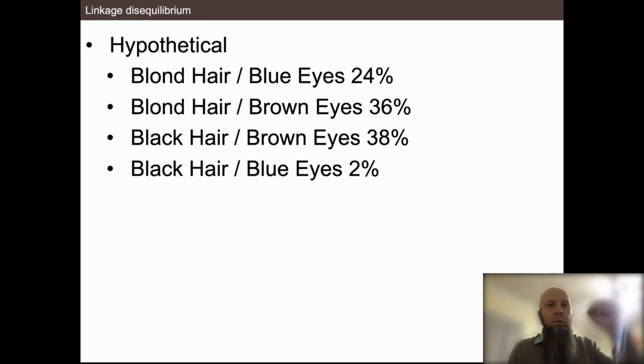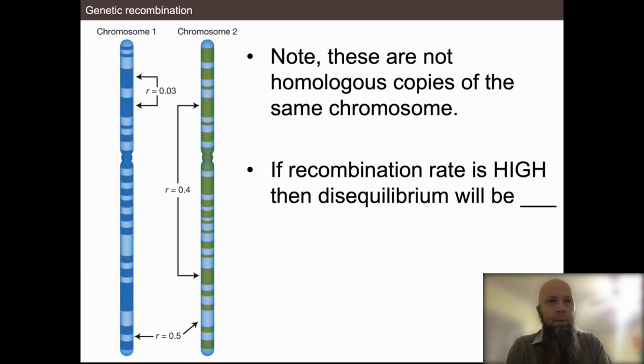Then when you get the blue-eyed allele, you're getting the blonde-haired allele on the same chromosome. And unless that linkage is broken up, you're going to see a disequilibrium, just like we have illustrated on this slide. The frequencies are not balanced across all 4 possibilities. That's this disequilibrium that we're talking about, the disequilibrium being due to linkage, and hence the term.